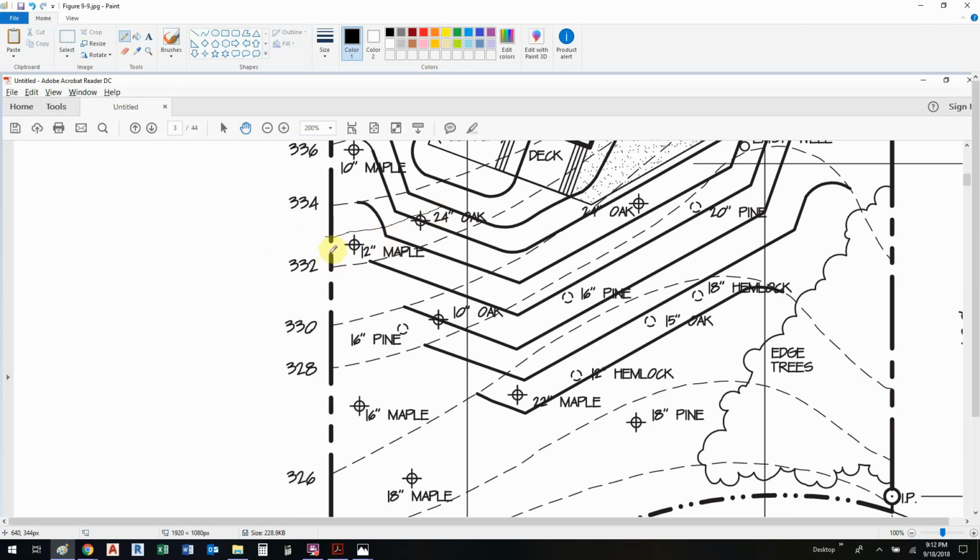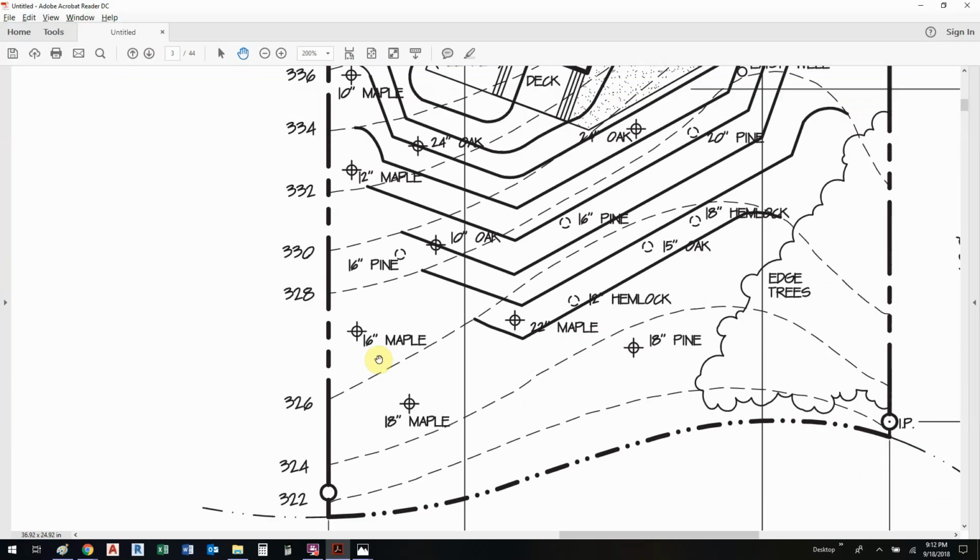And then I'd say that this is pretty close, that I could call that 332.5. So that's fairly close there. I hope that helps on the interpolating.